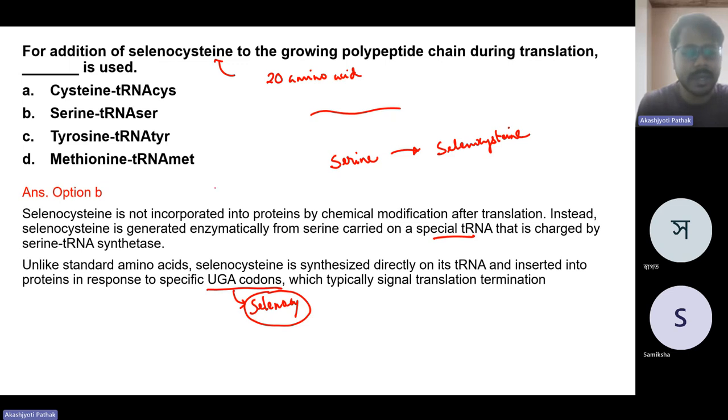I have to see what mechanism ensures that translation is not terminated, but selenocysteine is incorporated at that position.